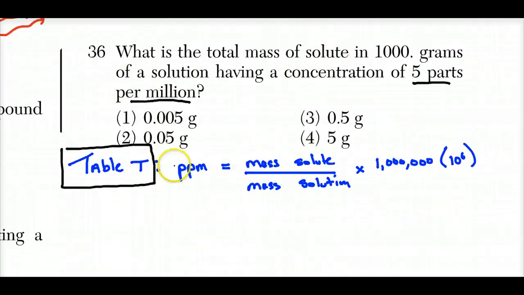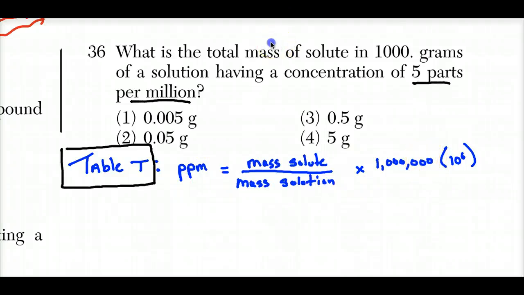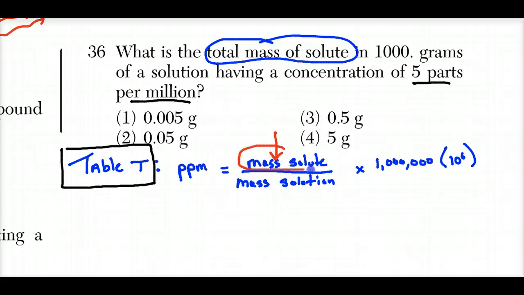So we've got an equation from table T, and we want to solve for the total mass of the solute. So what we're trying to do here is solve for this variable, the mass of the solute. So let's plug in what's given to me right now. I know the part per million is 5.